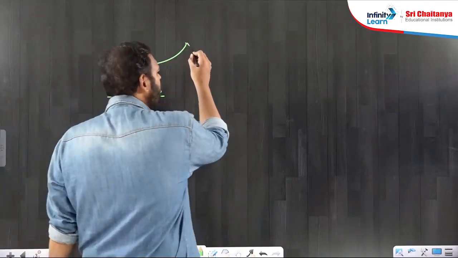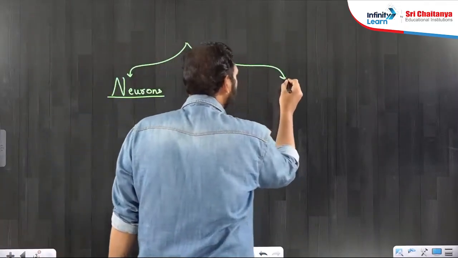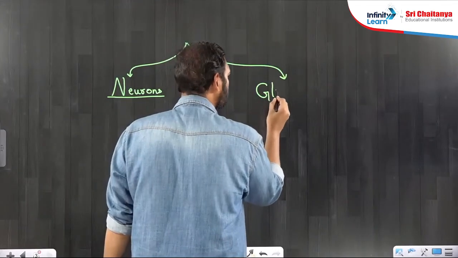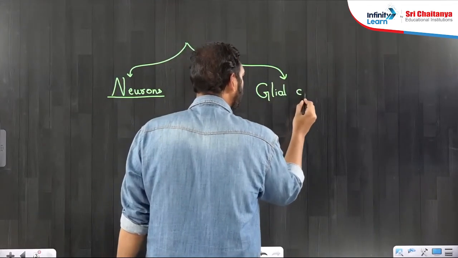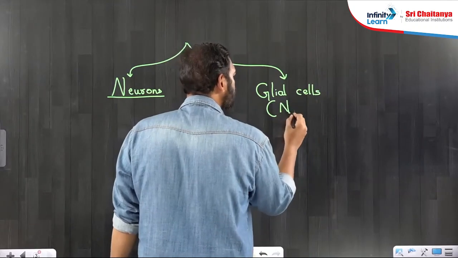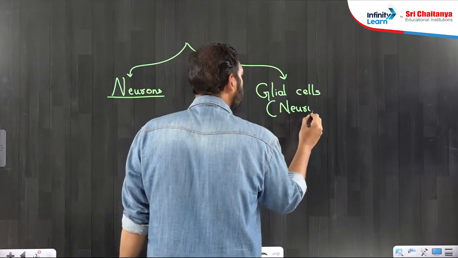These cells which act like supporting cells for neurons are referred to as glial cells. In some textbooks, we also mention that as neuroglia.